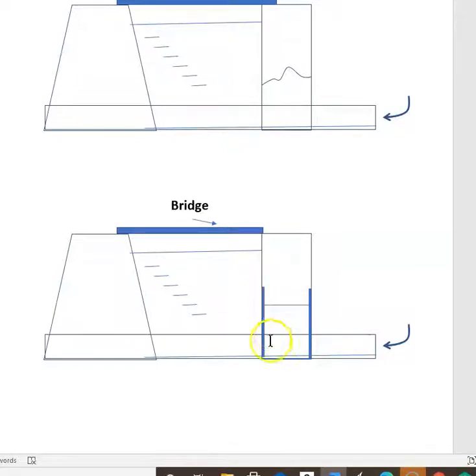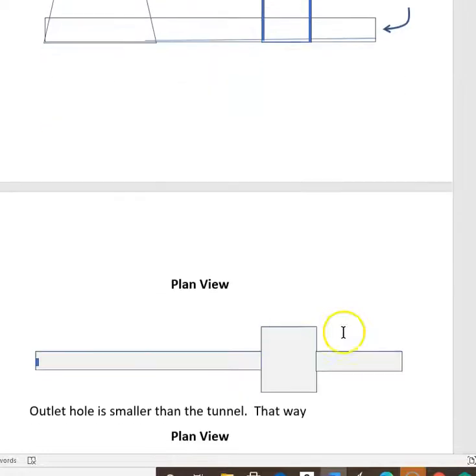This basically can control the head, or the pressure head, which is due to gravity. So you could control this. If you want more water, you let it go up here, and then you get more water from there.